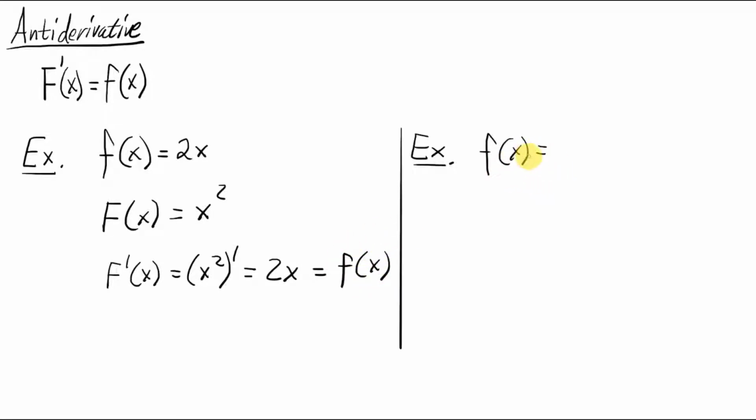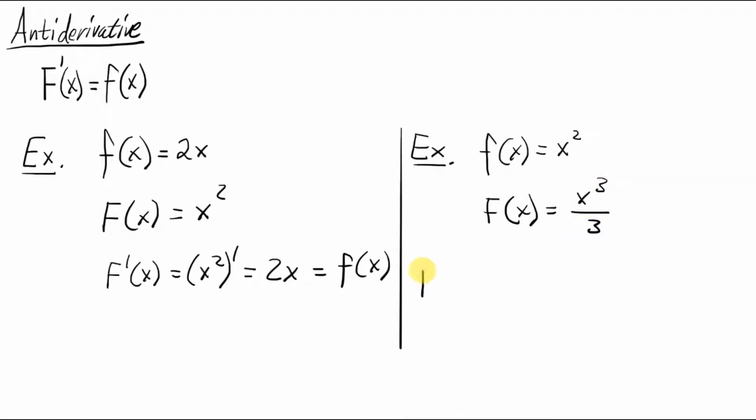And if f of x is equal to x squared, then an antiderivative of that is x to the third divided by 3.